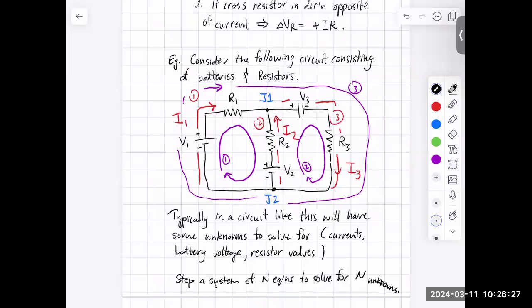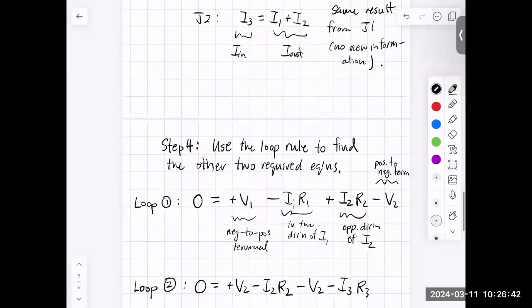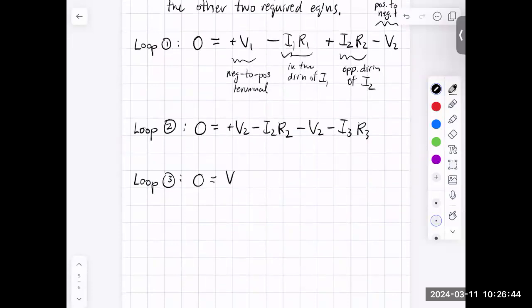If we start in the lower left corner, we cross V1, we get plus V1. We cross R1 in the direction of I1, so then we get minus I1 R1. So plus V1 minus I1 R1. That should look like the start of the first loop equation, and in fact it is identical.